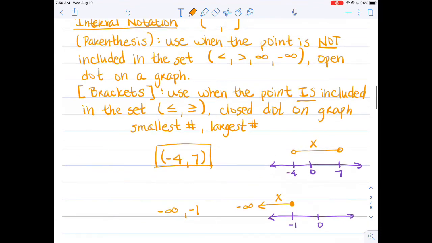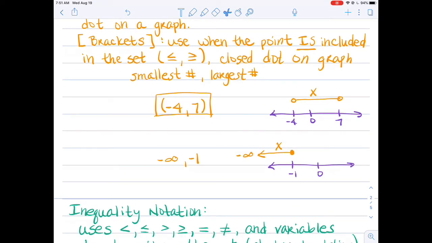Remember that we always use parentheses when we are talking about positive or negative infinity. So this just by default is a parenthesis. And then the -1 has a closed circle. That means that -1 itself is actually included. So we need a bracket there.